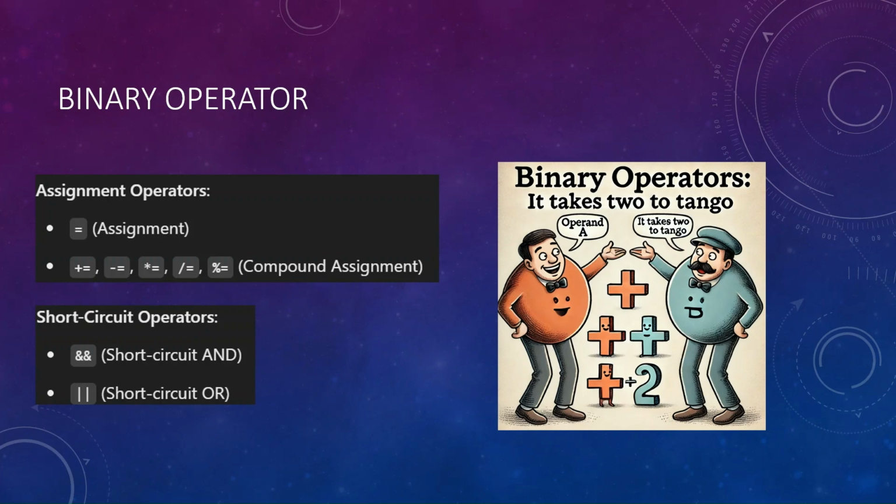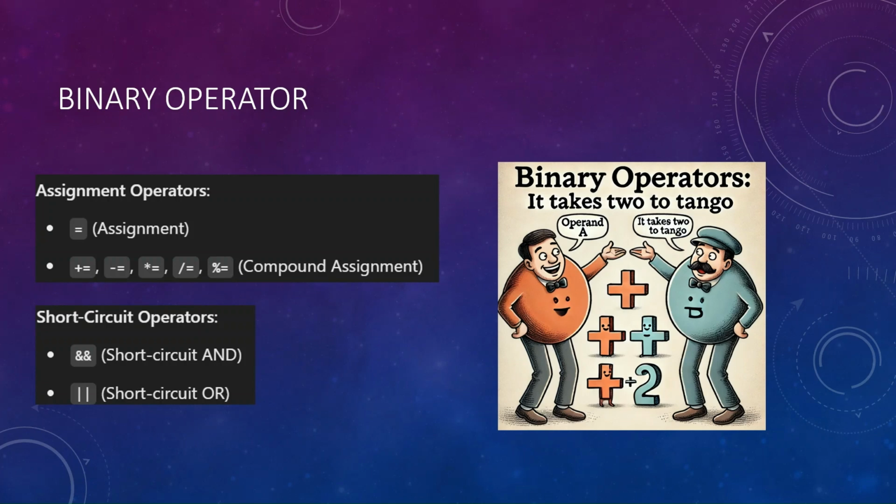We would have seen the arithmetic operators at the very beginning: addition, subtraction, multiplication, division, and modulus. So compound assignment combines the simple assignment, which is equals to, with the arithmetic operator. For example, x += 5 is the same as x = x + 5. Compound assignments make your code more concise and easier to read.